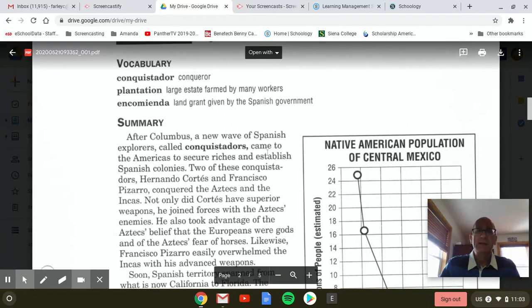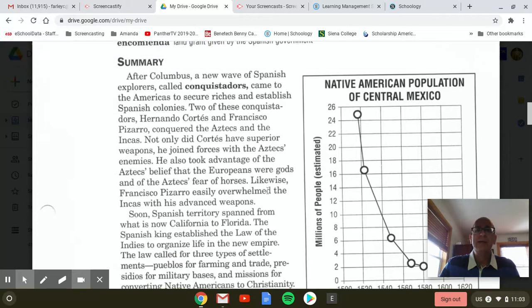And likewise, Francisco Pizarro easily overwhelmed the Incas with his advanced weapons. This is an important theme. Remember that these Spanish explorers, when they came overseas and came into contact with the Native Americans, one of the advantages that the Spanish had, even though they were outnumbered by many, many more Native American groups, was that they certainly had better firepower than the Aztecs and the Incas.